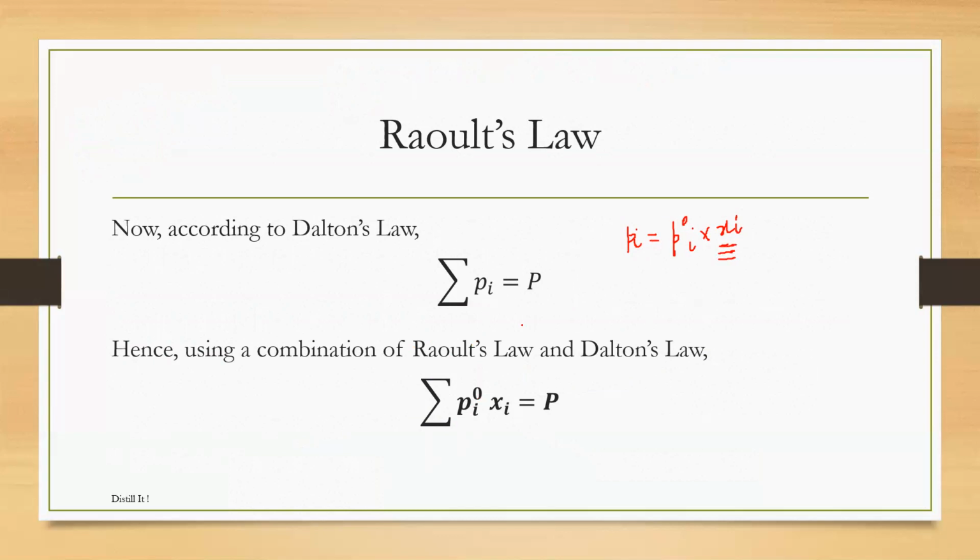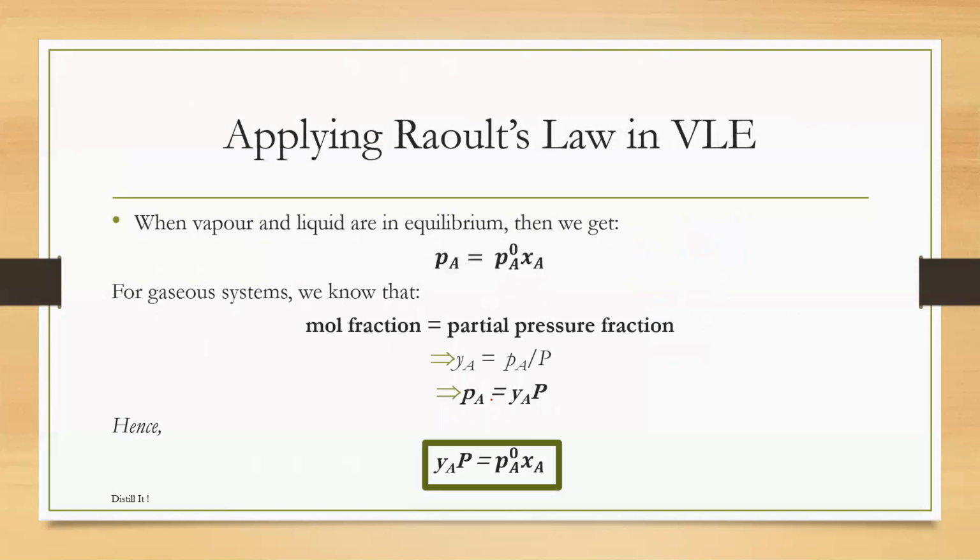So sigma Pi is going to be sigma Pi naught Xi, which is equal to the total pressure. When we apply Raoult's law in vapor liquid equilibrium, we use the equation PA is equal to P naught A XA. This is the Raoult's law that we have.